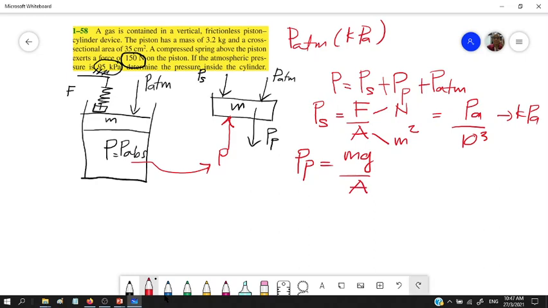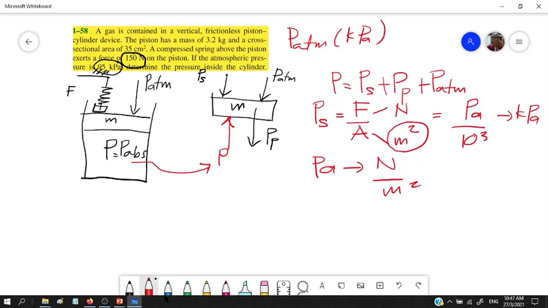Before that, I should remind you about the A value. Pascal is basically Newton over meter squared. We have the Newton right here, the meter squared right here. So this is our A. A is given as 35 centimeter squared, so you need to get A in terms of meter squared. How do you do that?